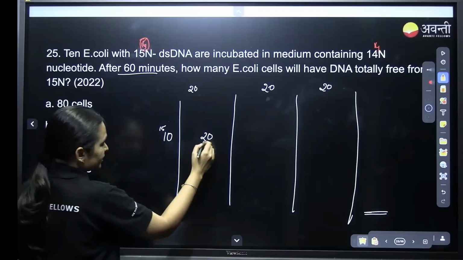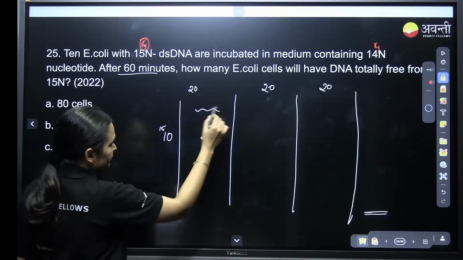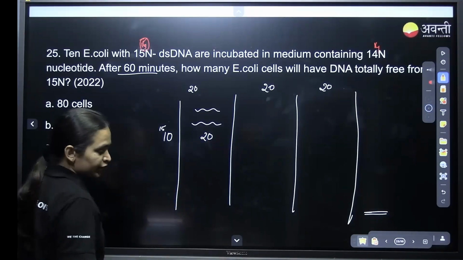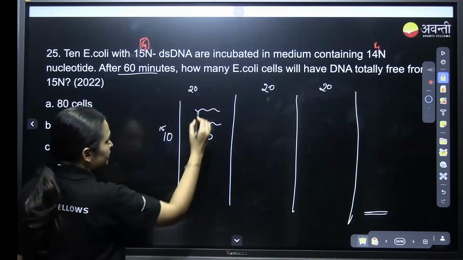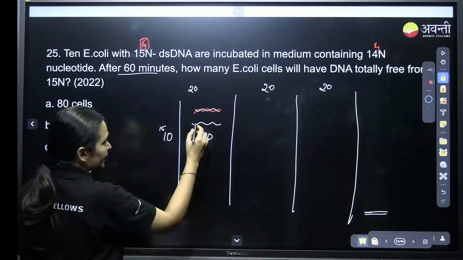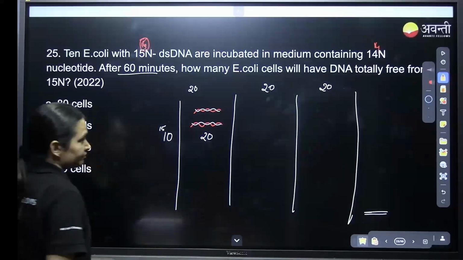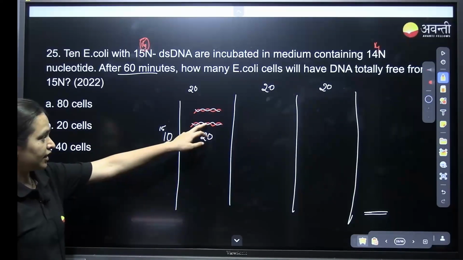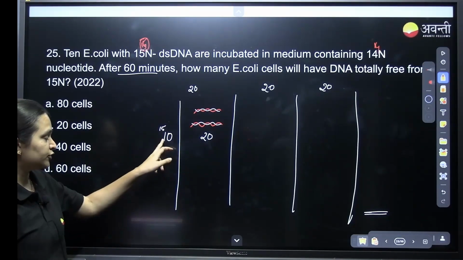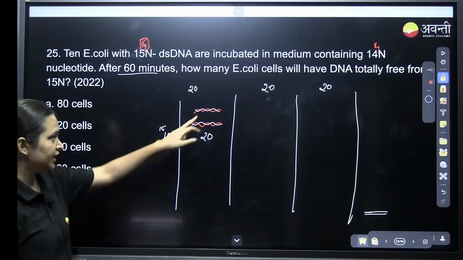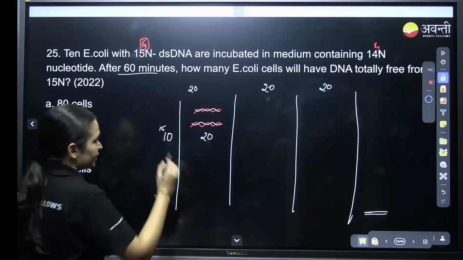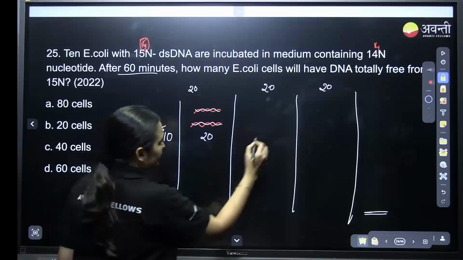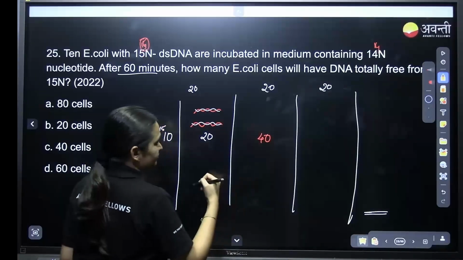According to the semi-conservative model, half of the DNA content here will have heavy isotope nitrogen 15, and half here will have heavy isotope nitrogen 15. So in the next 20 minutes this will become 40, isn't it?